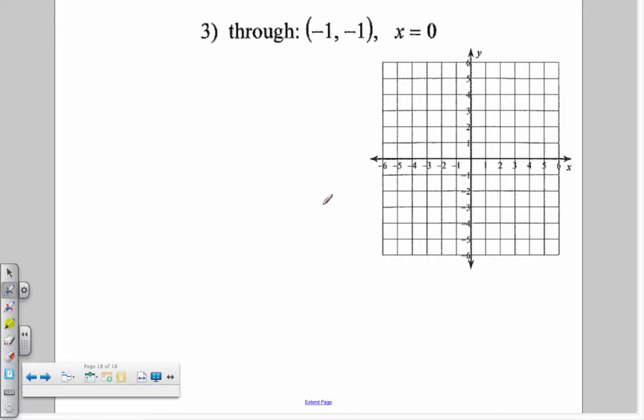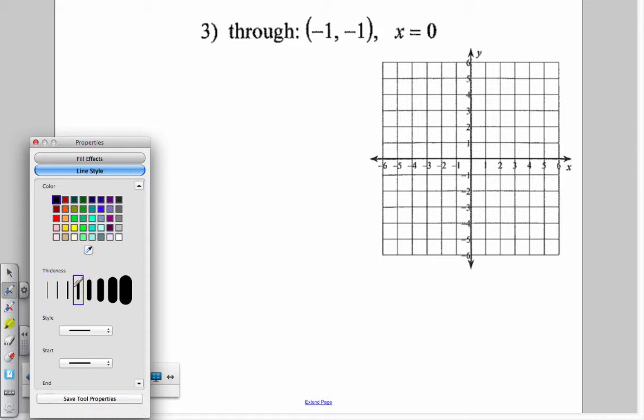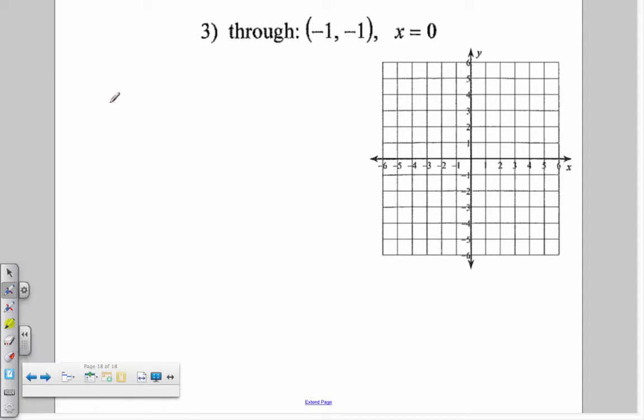So this is a parallel and perpendicular line to the line x equals 0.